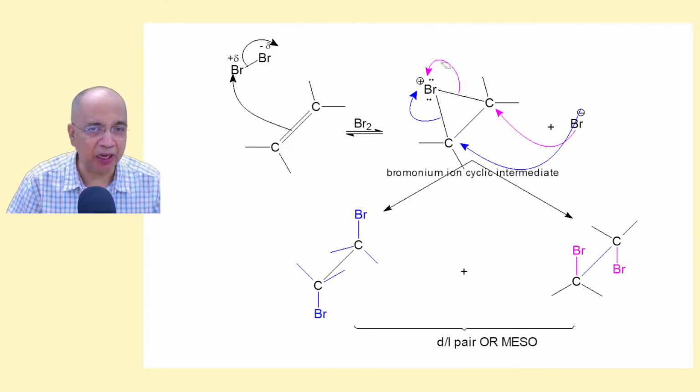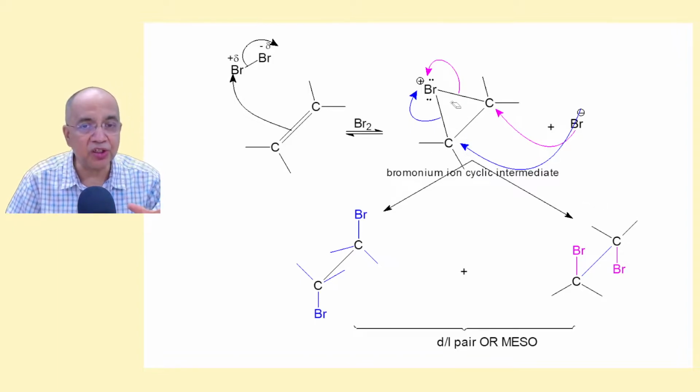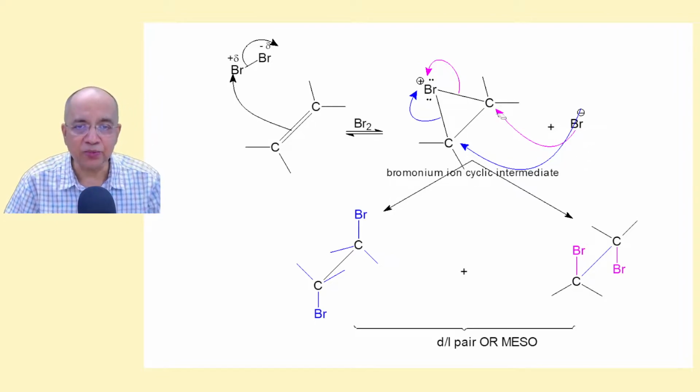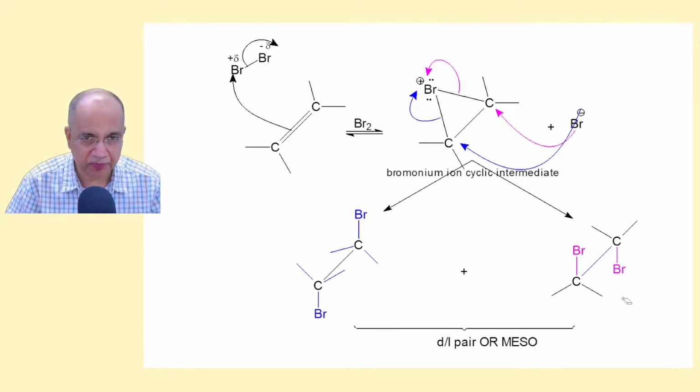First step, I have already told, a bromonium ion intermediate is formed, and if this bromide ion attacks this carbon from the opposite side, because this side is blocked, sterically hindered, if it attacks from below, then this bond breaks, not this bond. I have shown the two possibilities in one single structure, but you consider two such structures. In one, this takes place, so that this bromine now becomes upwards and this bromine downwards, right?